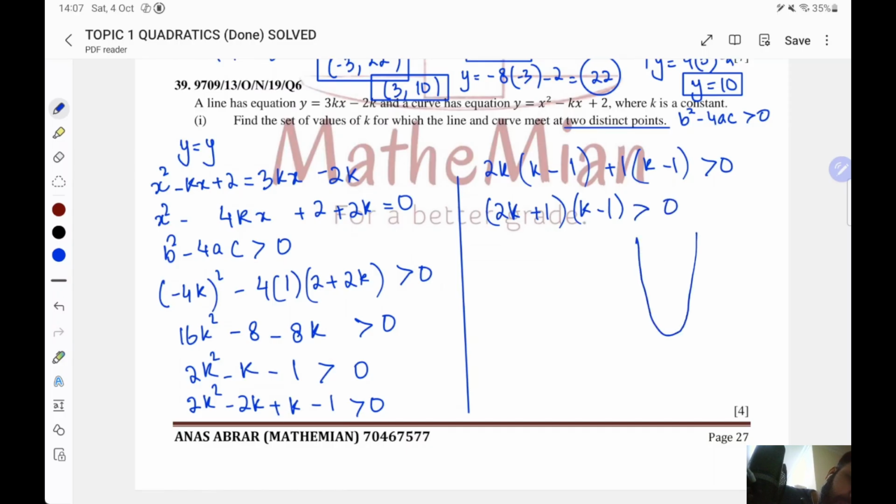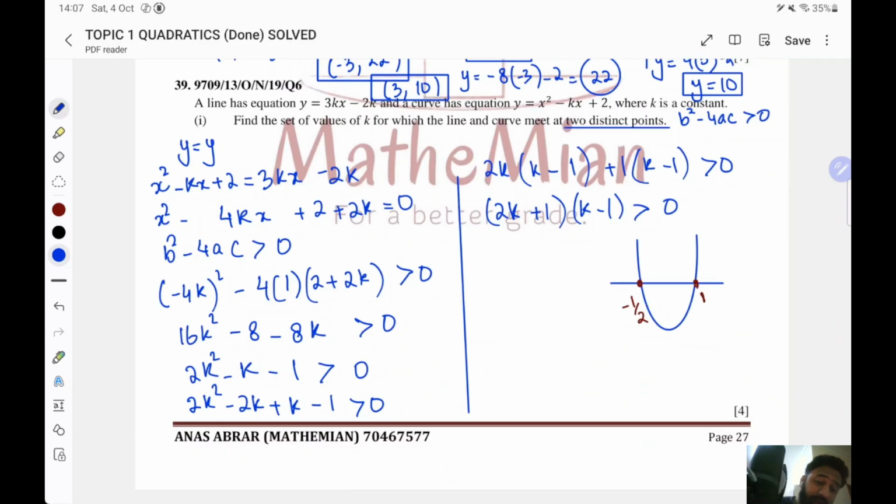If you sketch the graph, one critical value will be negative 1 by 2, and the other value for k will be plus 1.